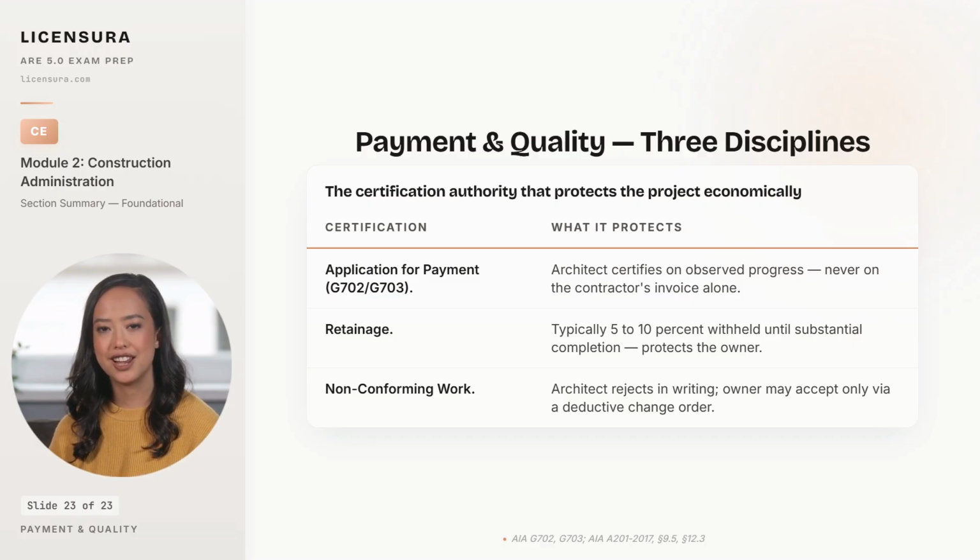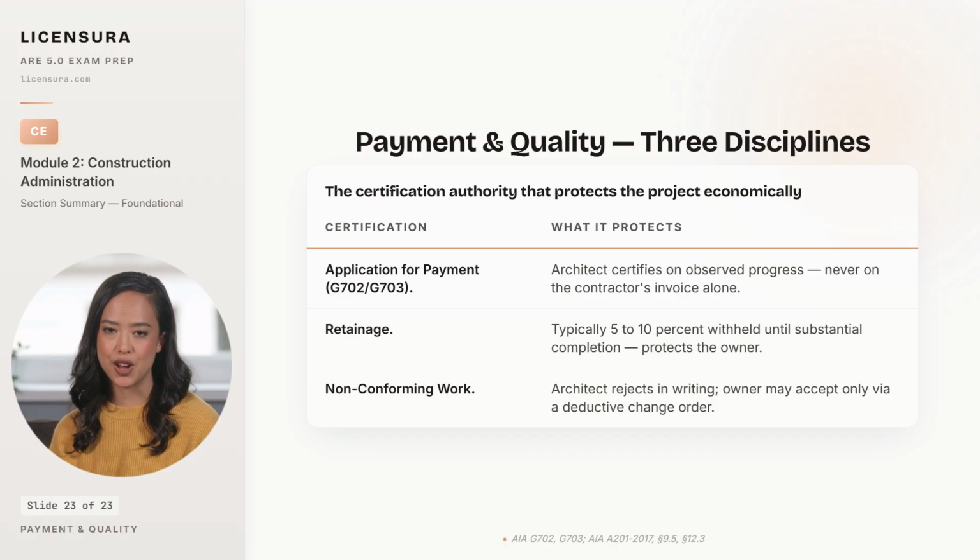The certification is itself an opinion of value, and the architect who certifies without observing has stepped past the procedural authority the contract grants. Retainage is the owner's holdback against incomplete or defective work, typically 5 to 10% of each progress payment depending on the contract, released at substantial completion once the punch list is verified.